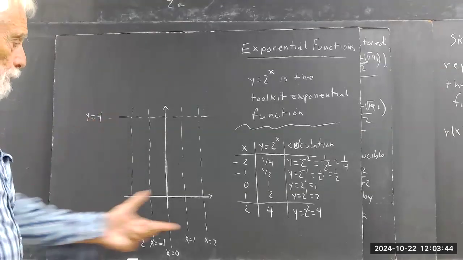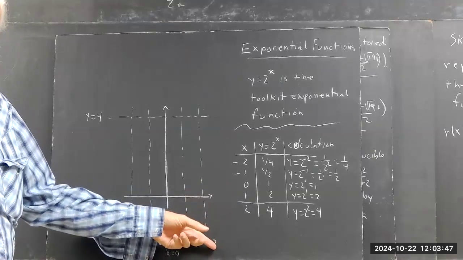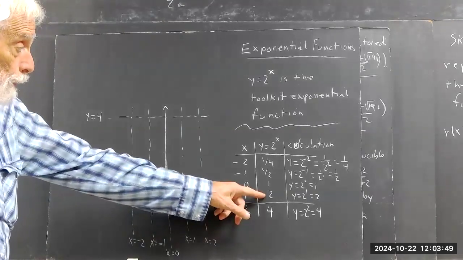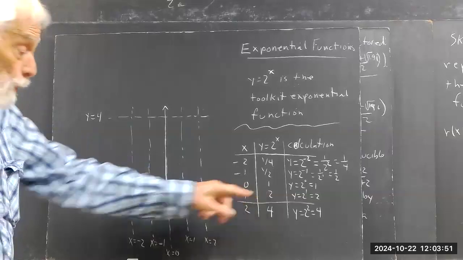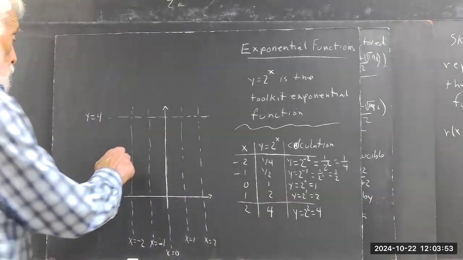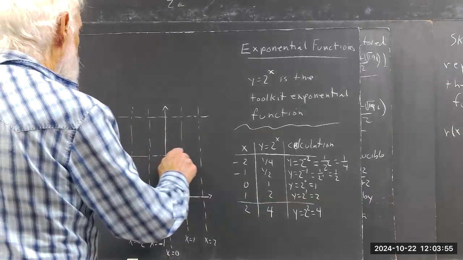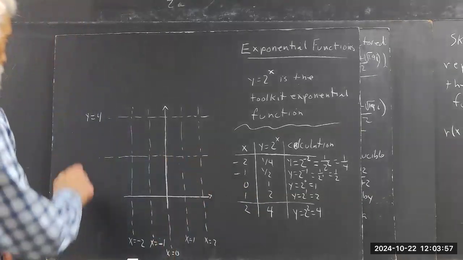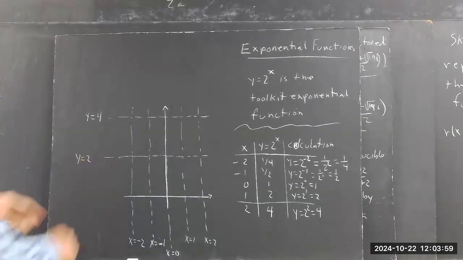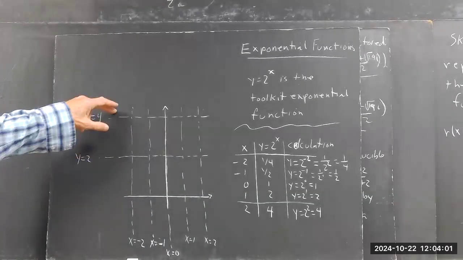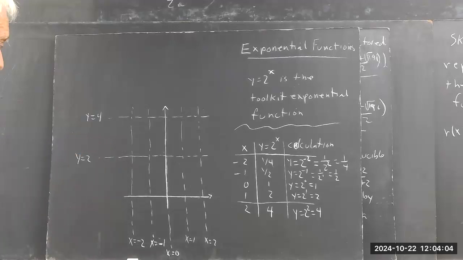I don't need a y equals 3 line to graph this, do I? I'm going to need a y equals 2 line. Where's a y equals 2 line? Well, here's y equals 4. 2 is half of 4. So y equals 2 is halfway to the x-axis from y equals 4.